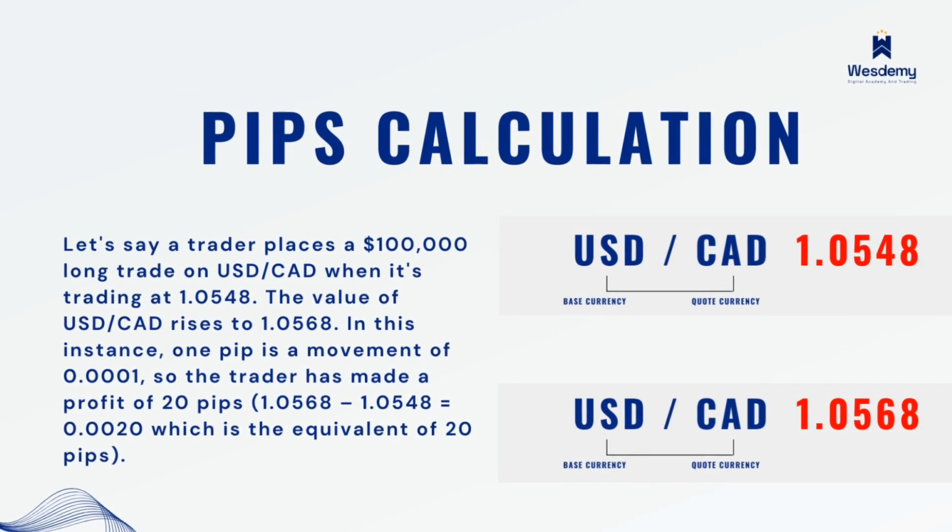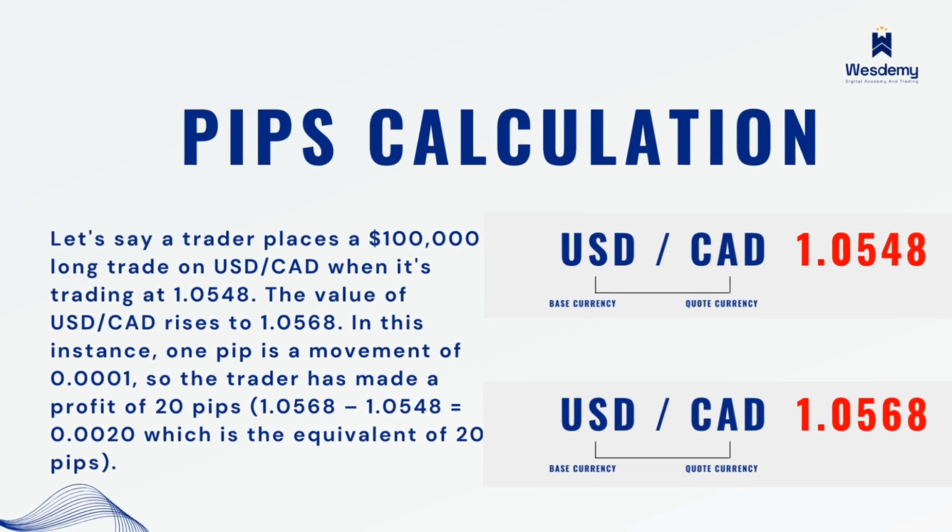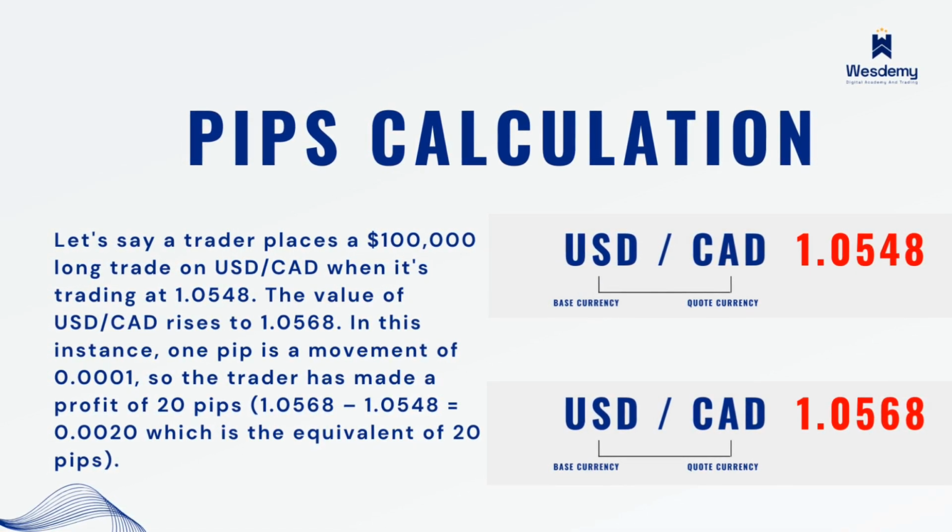Let's say a trader places a 100,000 long trade. When we say long trade, we refer to a buy trade. Let's say a trader places a 100,000 buy trade on USD CAD when it is trading at 1.0548. Now the value of USD CAD rises to 1.0568.